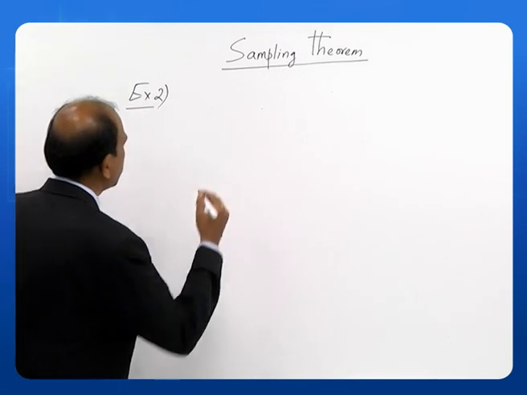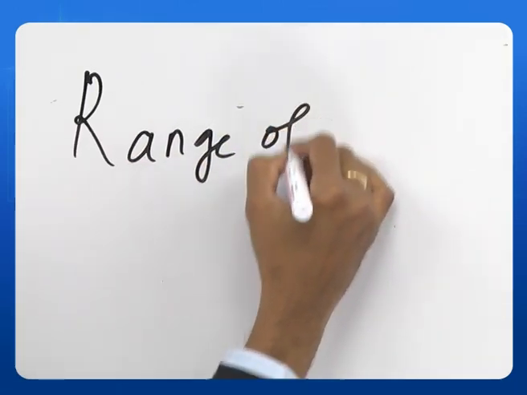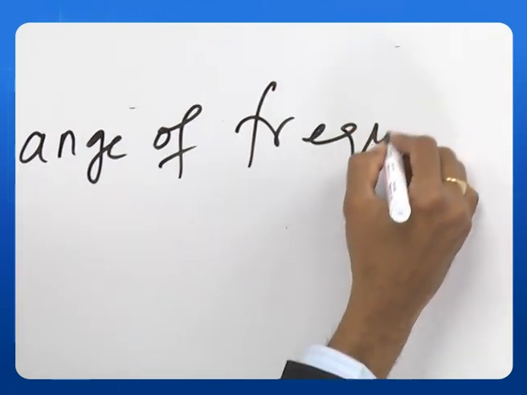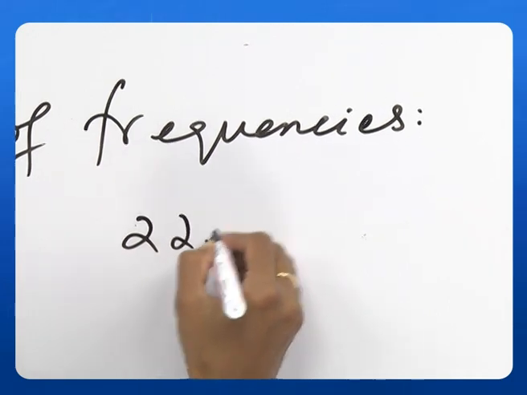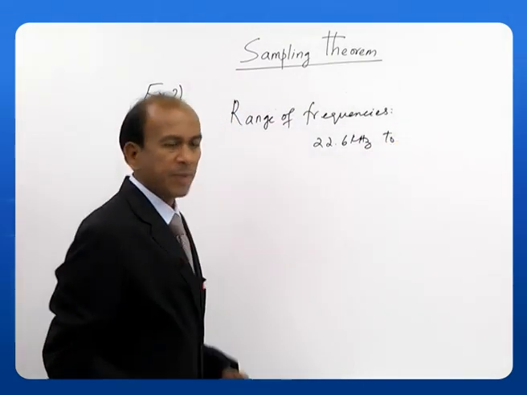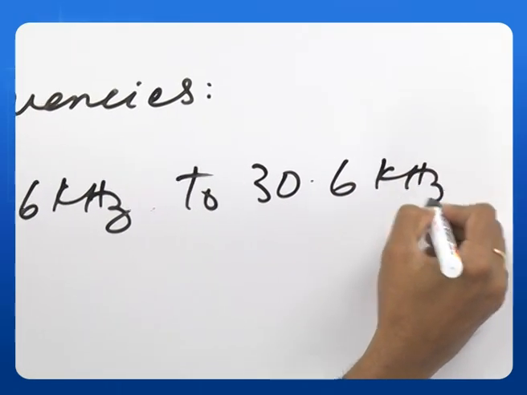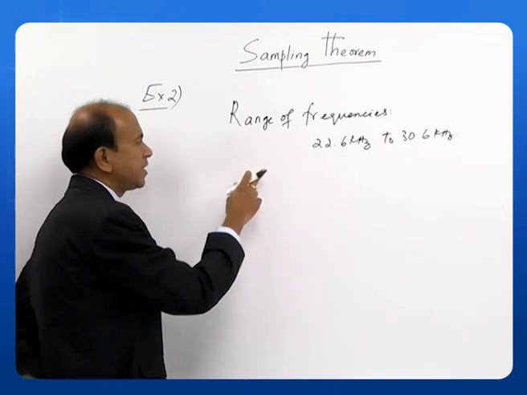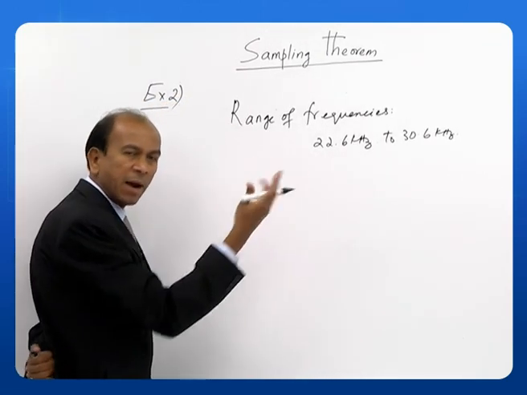What is the range of frequencies we have? The range of frequencies given is from 22.6 kilohertz to 30.6 kilohertz. Let us calculate the bandwidth of this.